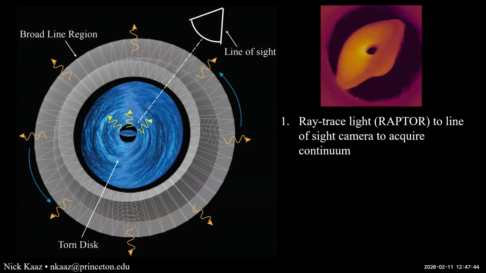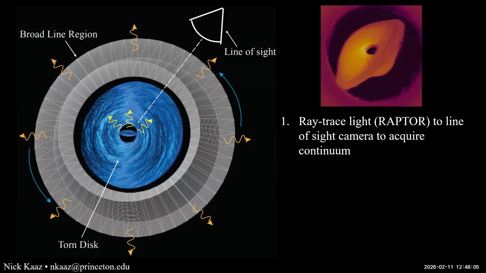So first, I wanted to do ray tracing, of which I did the simplest possible version, where the idea is I have some camera pointing at my system with some image plane, and I ray trace backwards in time. I ray trace the trajectories of the radiation down to wherever the photosphere is.